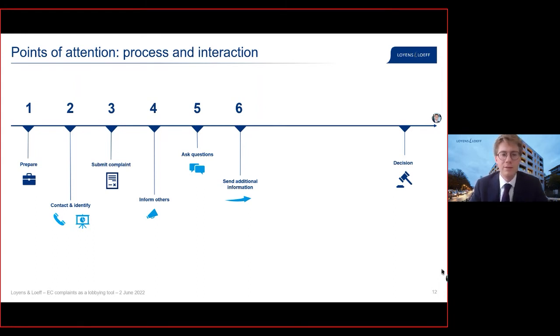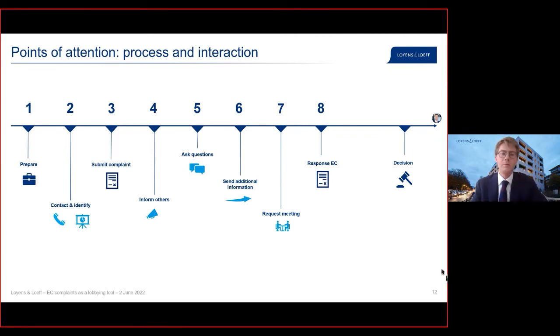You can also think about sending updates and additional information to the Commission to keep them involved and to follow up regularly. Eventually, you could also ask for a meeting. In practice, it does not happen a lot that you are invited to a meeting, at least not before there is a formal position of the Commission.